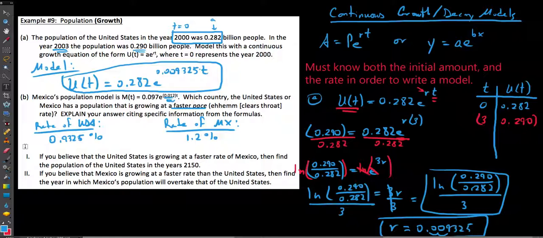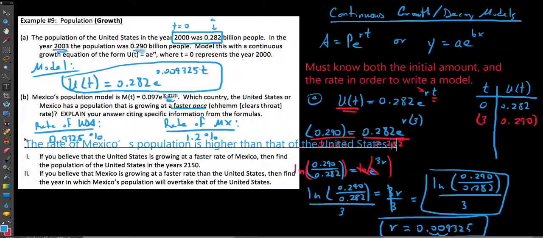But we're going to say the rate of Mexico's population is higher than that of the United States population, since it has a greater rate.